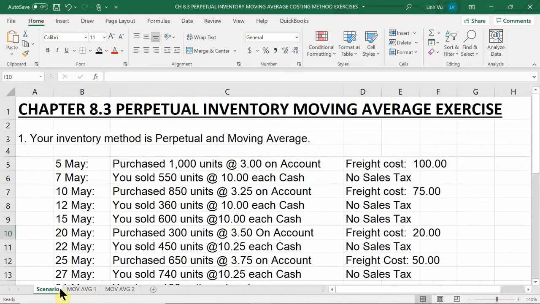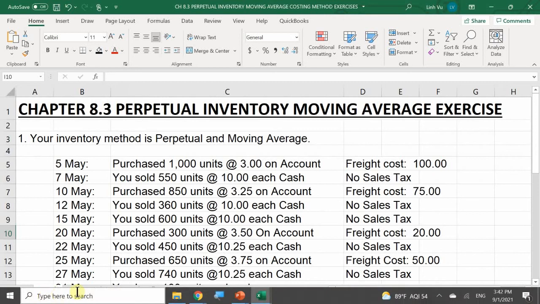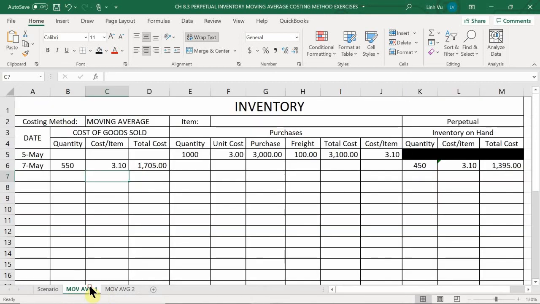So now that I finished May 7th, now it's May 10th. And this time we purchased 850 units at $3.25 with the freight costing $75. So once again, 850 at $3.25 with a freight of 75 on May 10th.